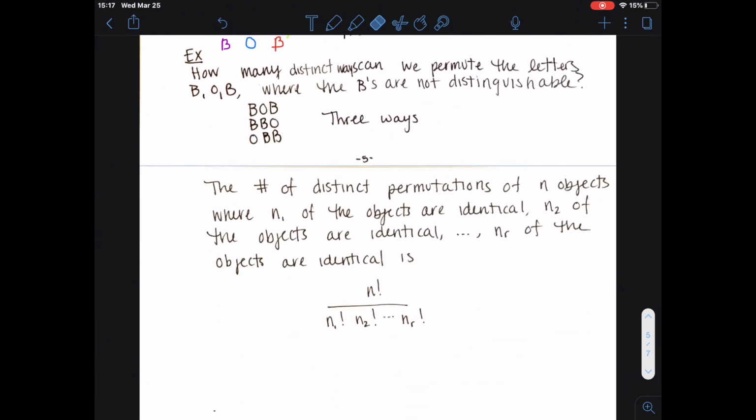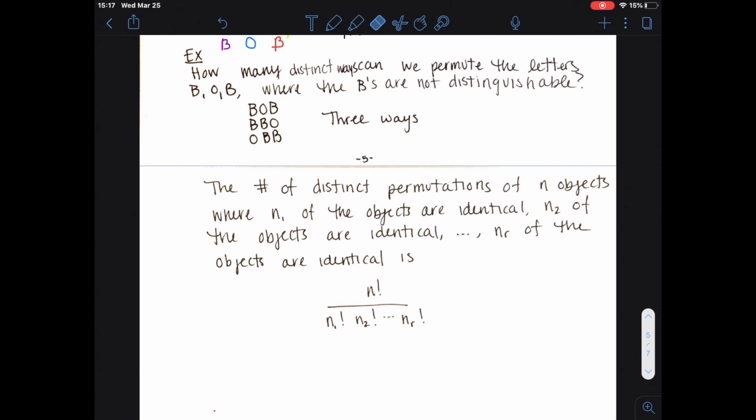So in the case we do have repetitions of different objects, so they're considered the same thing, the number of distinct permutations of n objects, where n sub 1 are identical, n sub 2 are identical, all the way up to n sub r are identical, is given by this formula. So basically the idea is if you have 30 objects, there's 30 factorial ways to arrange them. But if 4 of them are exactly the same, I'm going to divide out by 4 factorial.